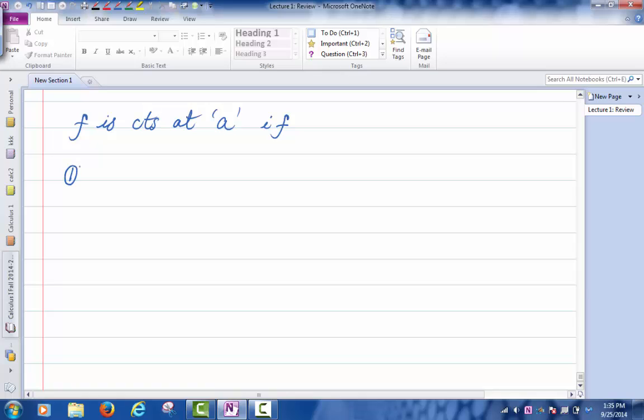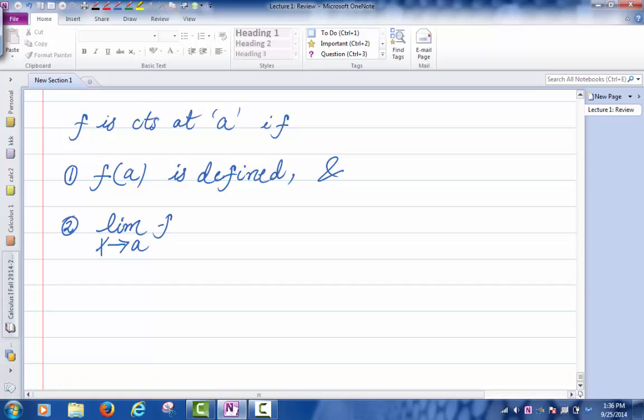Condition number one is that f is defined at a, so f of a is defined, and remember that means that a is in the domain of f, right? And two, the limit of the function f at a is the same as the value of the function f at a.